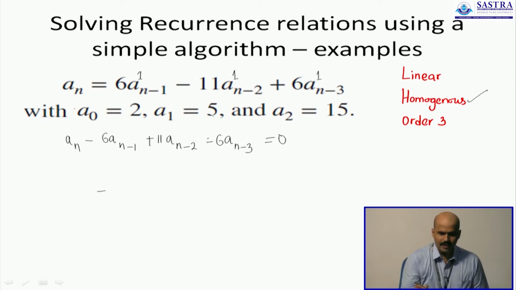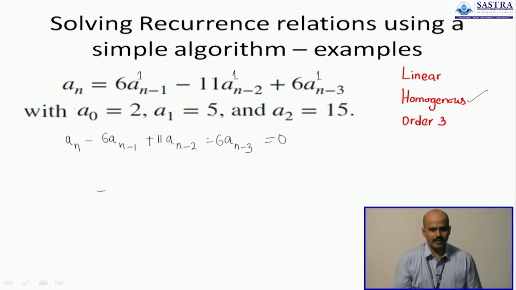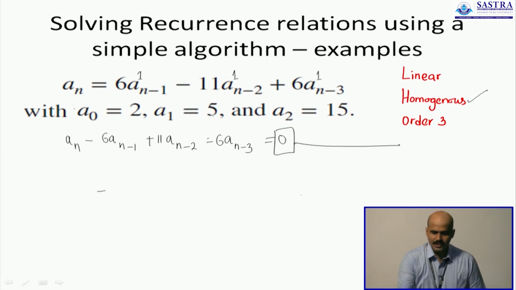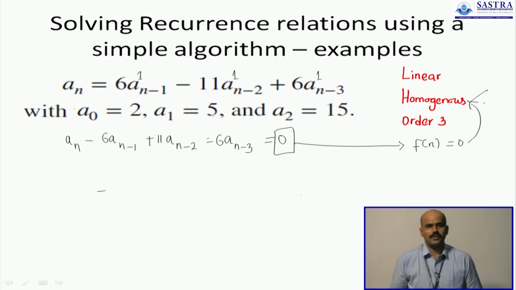Now, the given recurrence relation can be rewritten in this form, and you will see that F of n is a 0 function, therefore you have a homogeneous recurrence relation. As a matter of fact, all problems that we solved yesterday were of the homogeneous type. I am discussing this problem just to give you a refreshing of what we learnt yesterday.